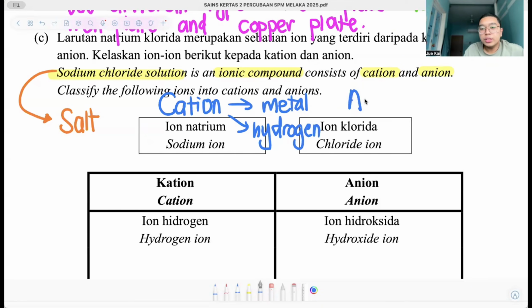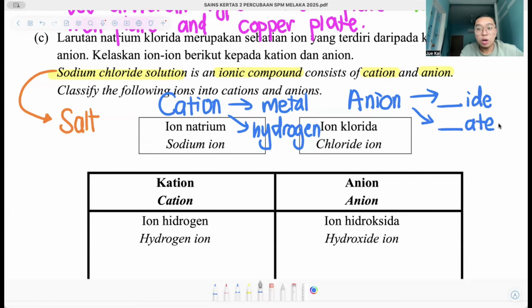And if you are really confused between cation and anion, it's okay, I give you a technique. Anion always ends like this, IDE or ATE. You trust me or not? Do you trust me?